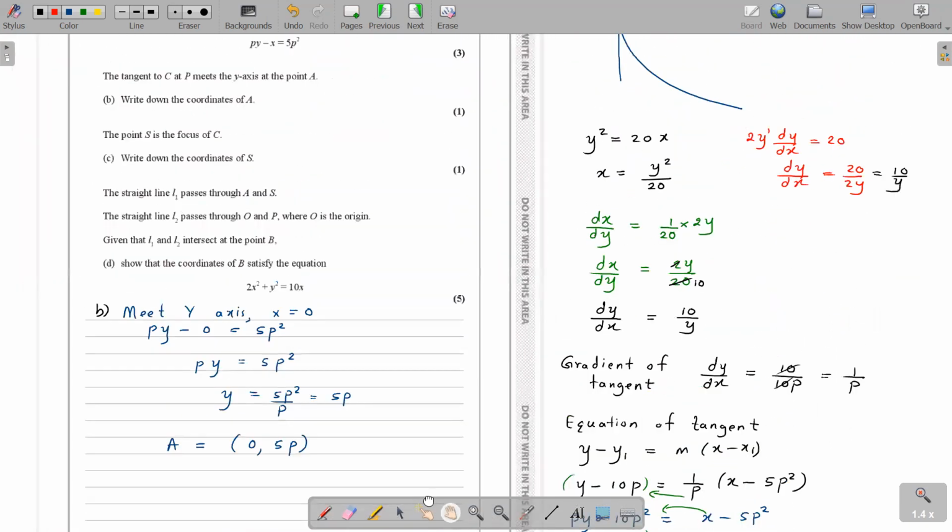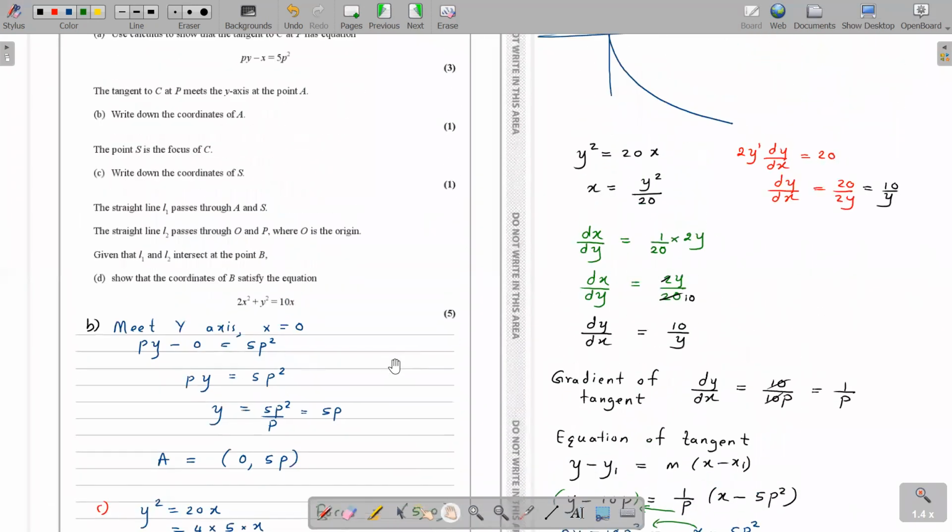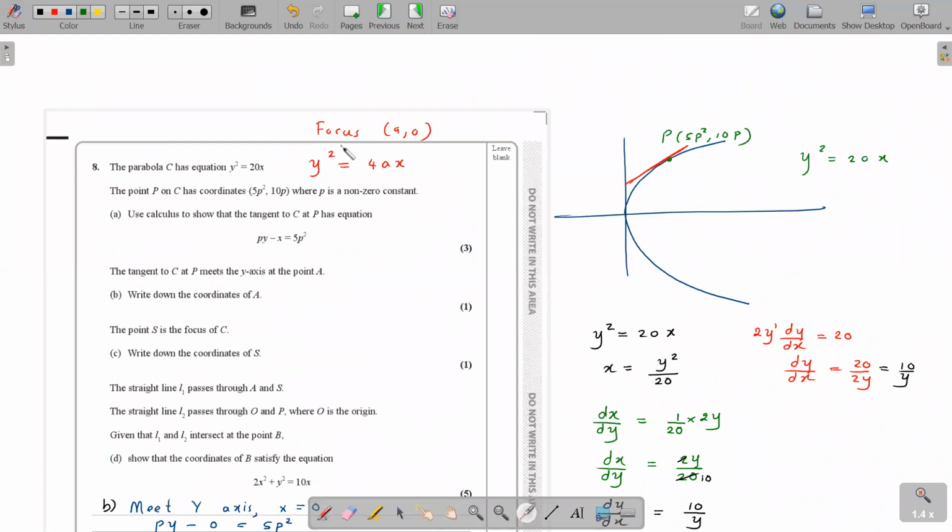This is part C, right? So part C, y square equals 20x means we need to break it with 4. So y square equals 4 into a is 5. So basically your a value is 5. So if your a value is 5, then focus will be 5, 0. The focus point will be 5, 0. Using the theory that I gave you here, the equation y square equals 4ax has focus a, 0.